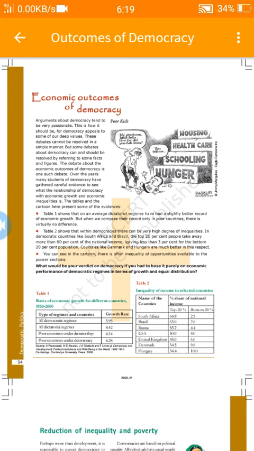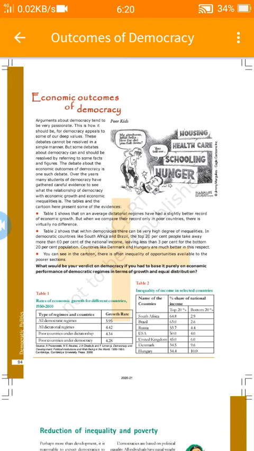In a democracy, we have one such debate. For so many years we have been learning about democracy, and we have so many ways to check how democracy has a relationship between economic growth and economic inequalities.